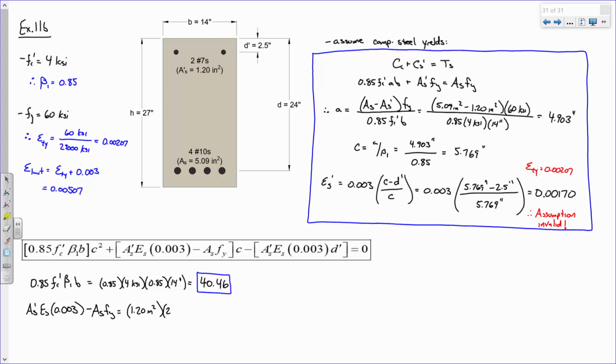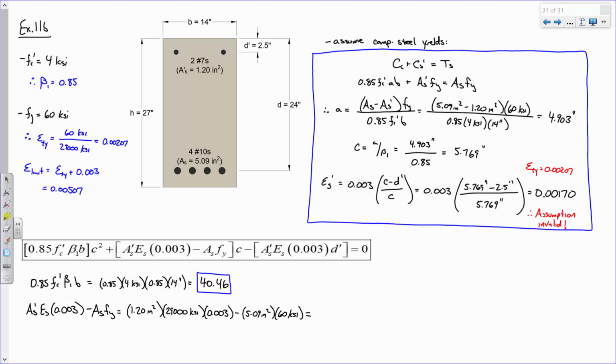There we go, and we'll burn that number into the back of your head by the time you're done. 0.003 minus 5.09 inches squared, 60 ksi. So again, everything's already in kips and inches. So everything already matches. So tell me what you get here. -201. -201. So it comes out negative, right?